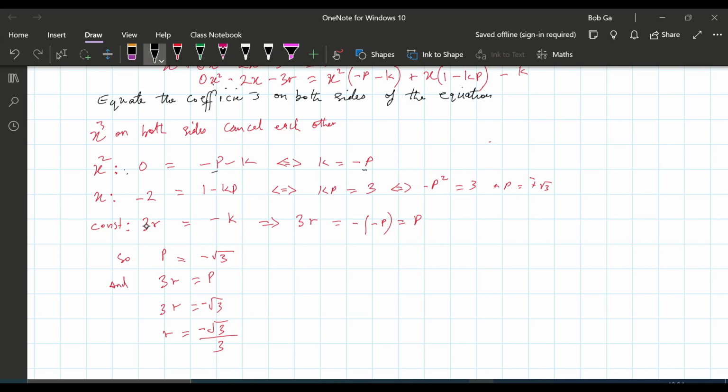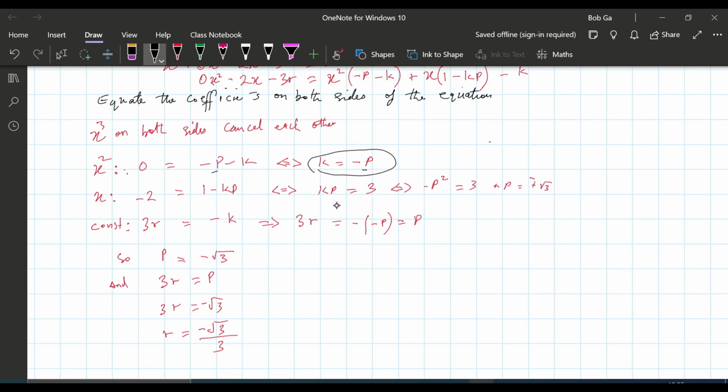Okay, so we're here. But remember we said k is equal to negative p. So we can now substitute, in place of k, we insert negative p. So we are here. We said kp is equal to 3. That's why we have negative p squared.